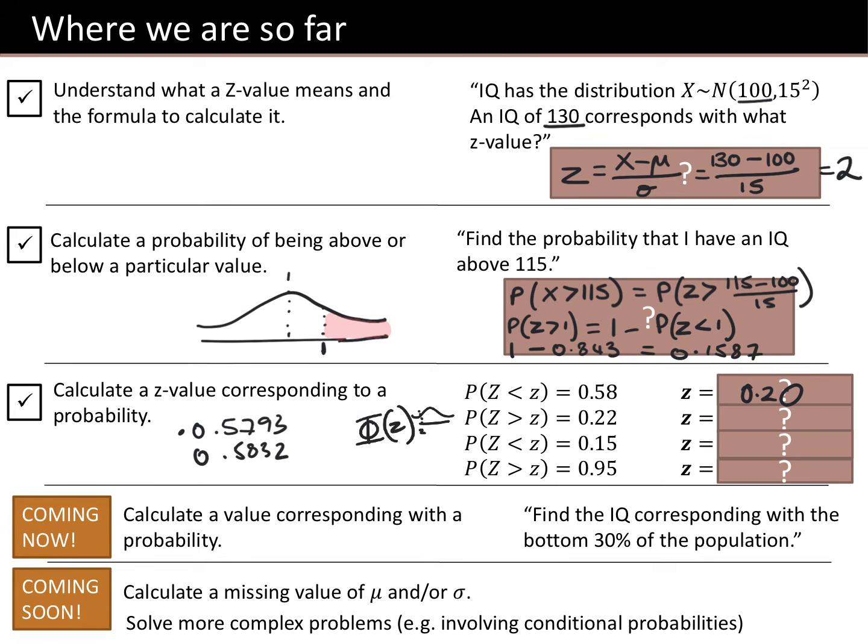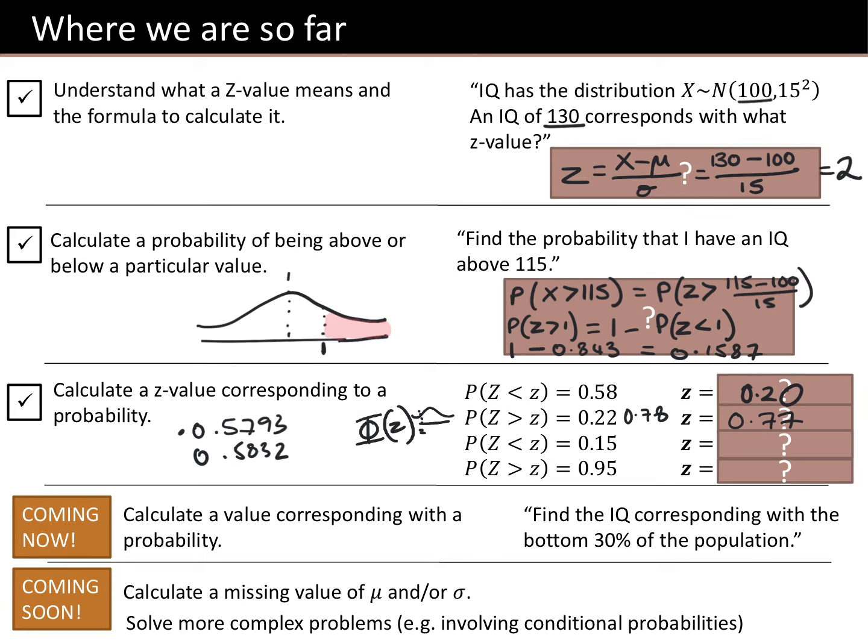Do I have 0.22 in my phi of z? No, so what am I going to do? 1 minus, which is 0.78. So I look on here for 0.78. I get 0.77 as my closest.